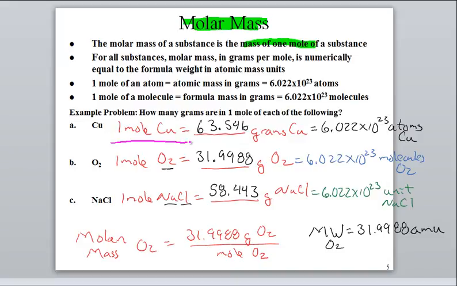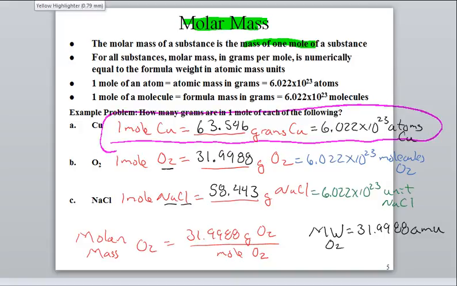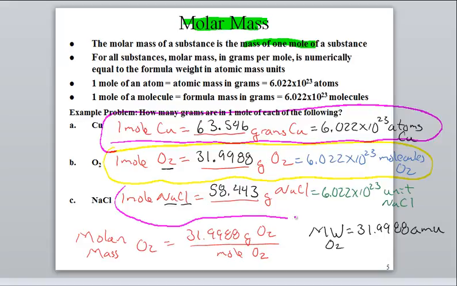For copper, it's moles to grams to atoms. For oxygen, which is a molecule, it's moles to grams to molecules of O2. And for an ionic compound, it would be moles to grams to formula units, or just units, of sodium chloride.